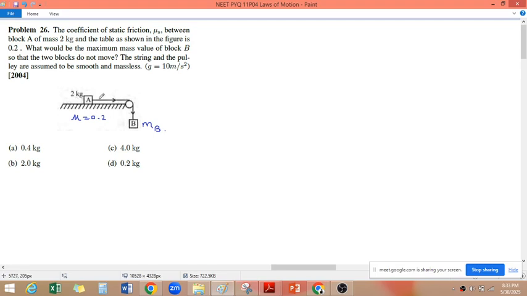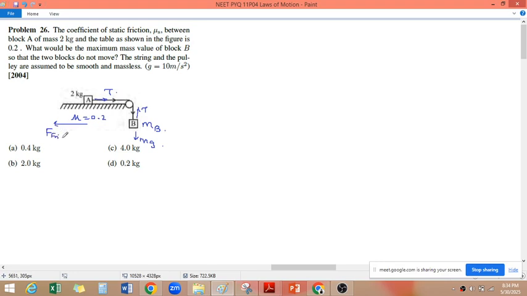You should know that tension is acting upwards here, mg is acting downwards here, tension is acting this way, somebody is pulling this way, and the friction is holding it this way because this is trying to move this way, which means the friction will try to act in the opposite direction.